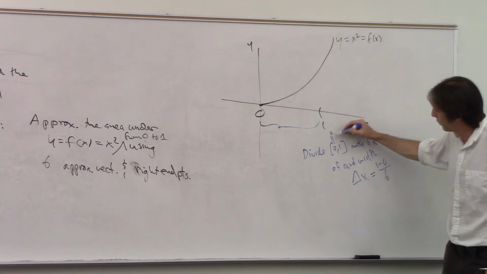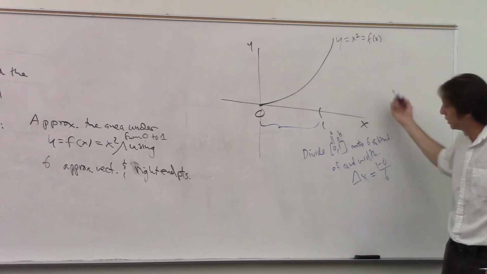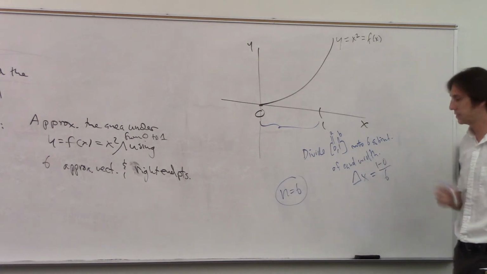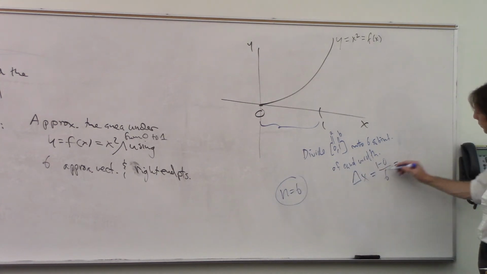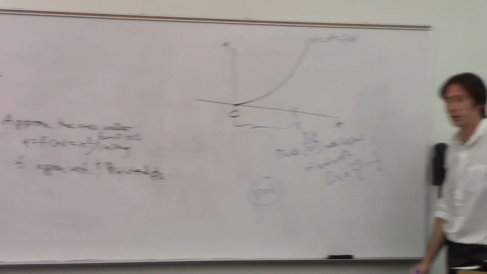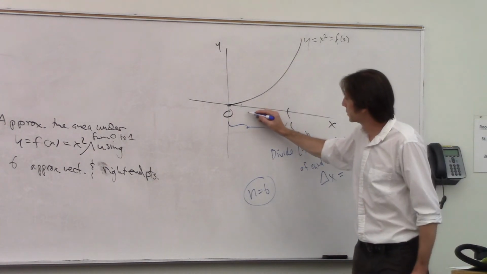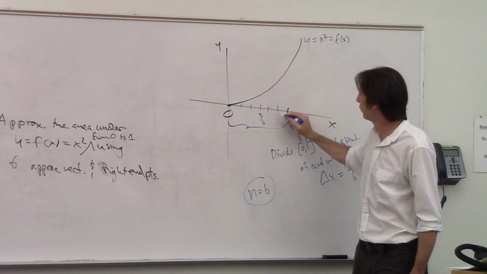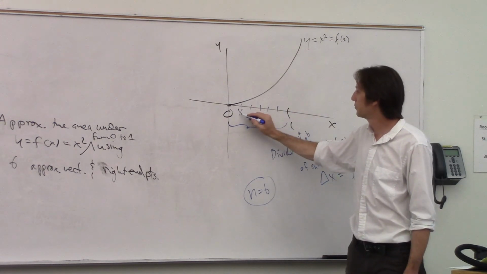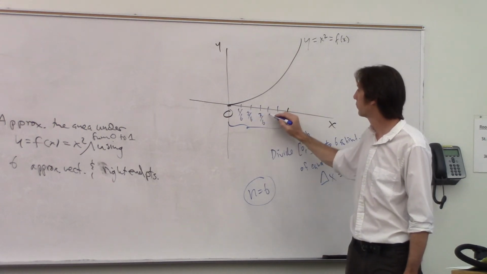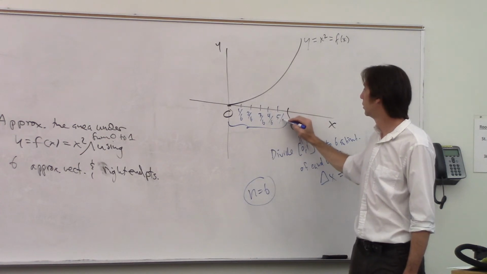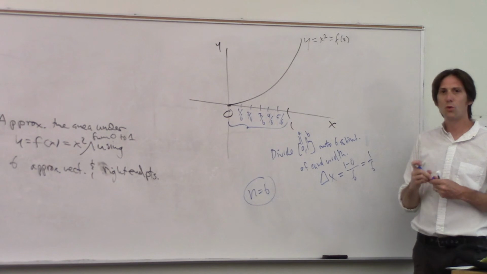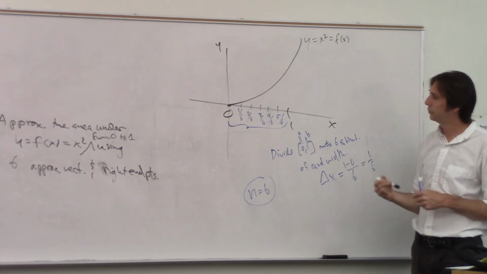The a in this case is 0, the 1 is b, and n is the number of rectangles, and for this example that's 6. So my width, delta x, is 1/6. So here's 1/6, here's 2/6, 3/6, 4/6, 5/6. Those sixths divide the interval 0 to 1 into 6 equal pieces.